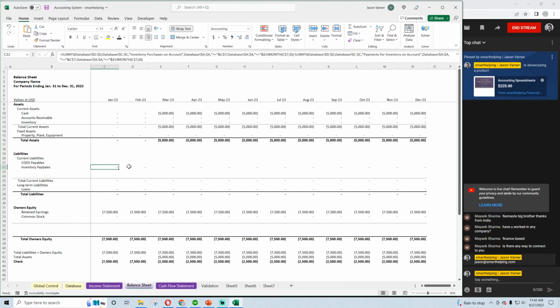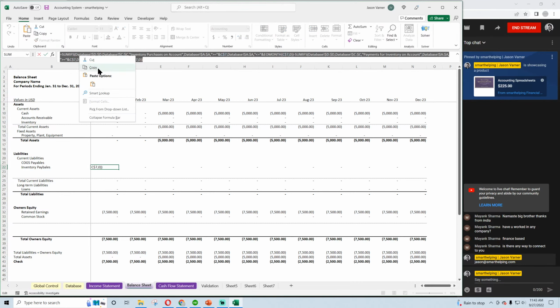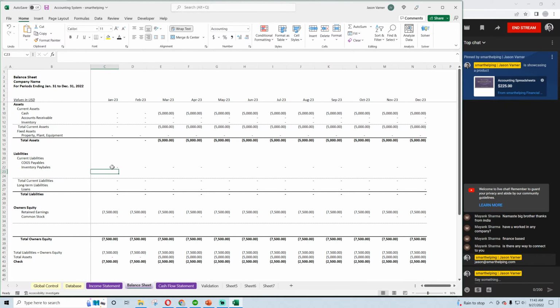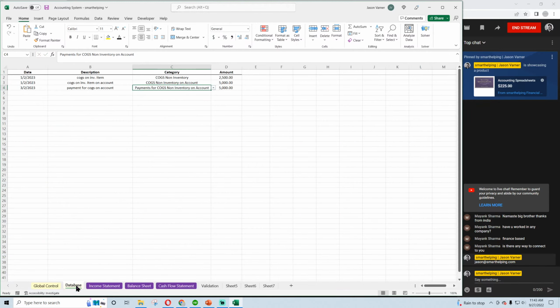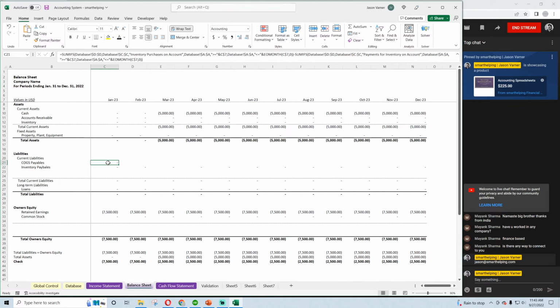So, okay, so this, did I add that to this? Inventory on account, payments for inventory. Okay, no, that's fine. So on here, we're going to do the same exact logic, but it's going to be for a different account. Same logic though. So it would be cost of goods sold on inventory on account, increases it.